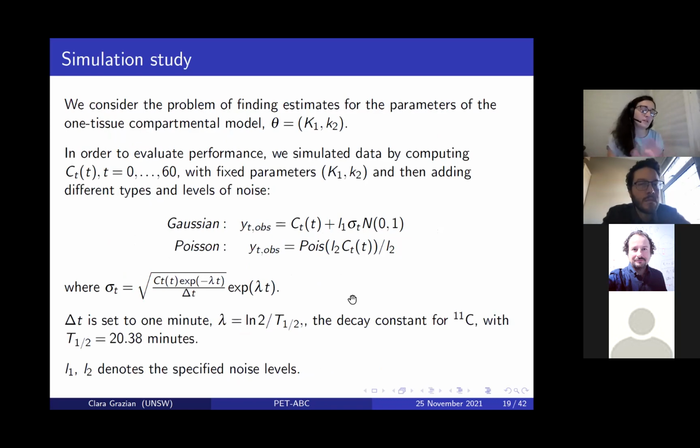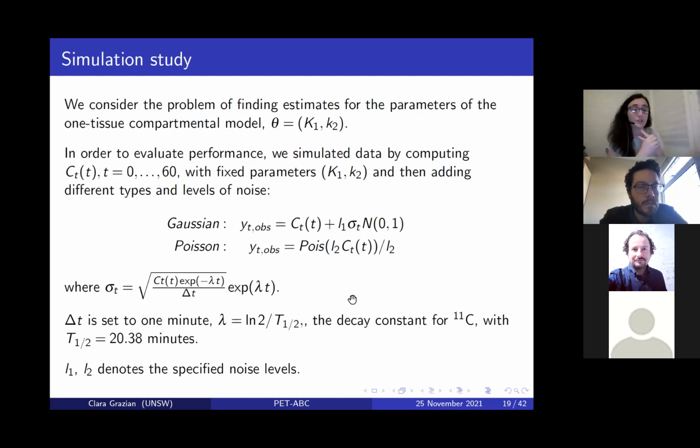We mainly tried to understand the practical and applied advantages of this type of algorithm in this setting. So we ran first a simulation study. We tried to be realistic in terms of this type of experiment, and we simulated values from a one tissue compartmental model.